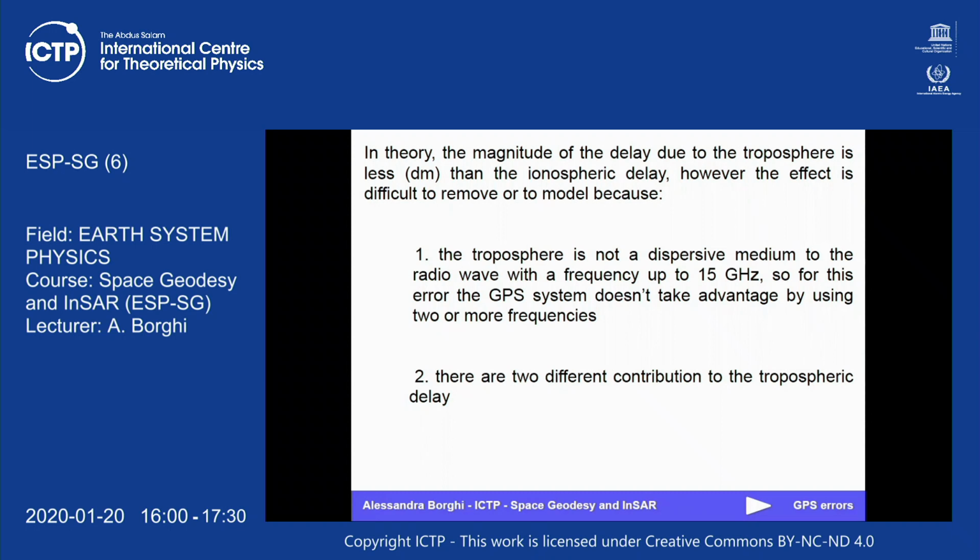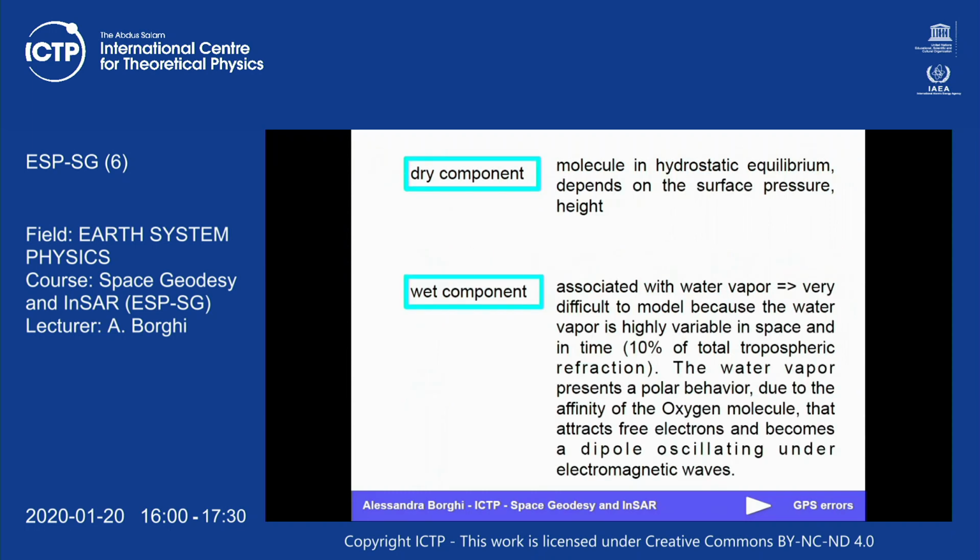We have two different contributions to the troposphere delay, and we are going to see why we have problems with the troposphere. One contribution is due to the dry component, molecules in hydrostatic equilibrium, and this depends on the surface pressure and on the height.